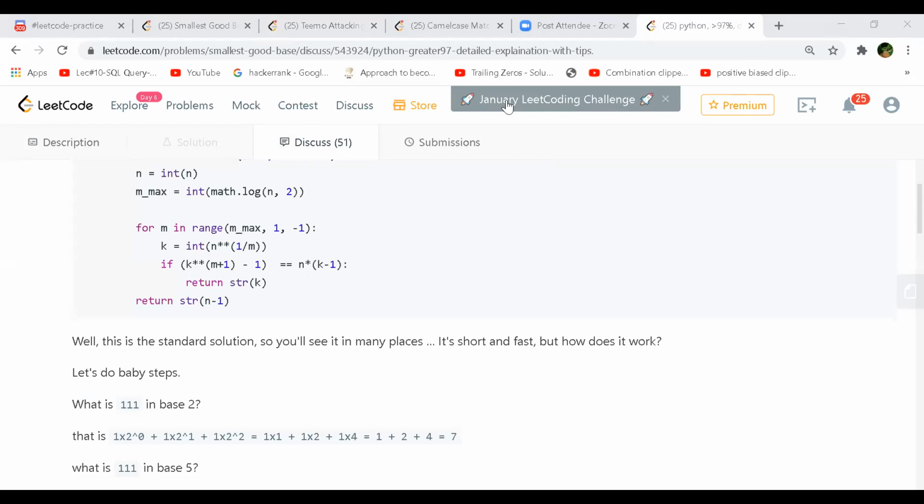Then you see if it is greater than or equal to, and then you change your right or left values. Then you keep on calculating your mid. Were they trying to do an approximation like k to the power m equal to k to the power m minus 1 equal to n, something like that?